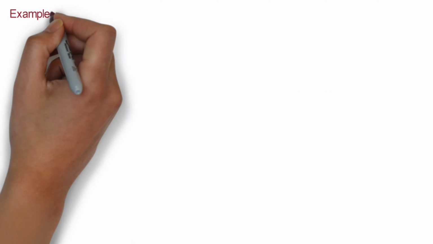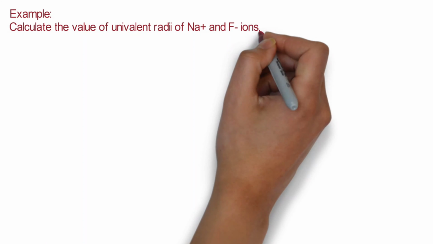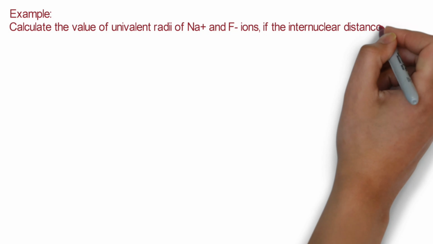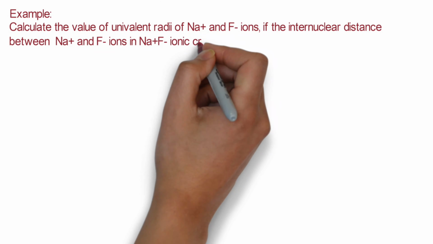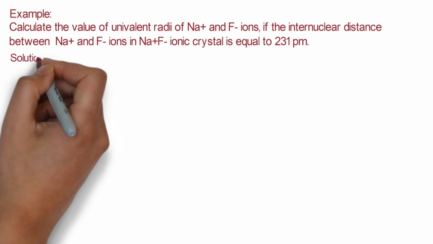Now let us apply this formula to calculate ionic radii of ions in an ionic crystal. Consider this example. Calculate the value of univalent radii of sodium ion and fluoride ion if the internuclear distance between sodium and fluoride ion in an ionic crystal is equal to 231 picometer.